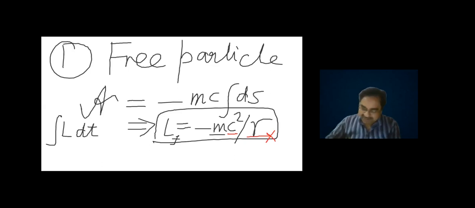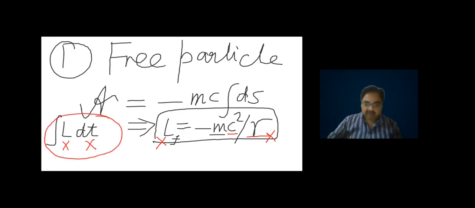As a result, this Lagrangian is not a Lorentz scalar. This dt in the expression on the left is also not a Lorentz scalar. But overall, this quantity is a Lorentz scalar, and therefore the action is a Lorentz scalar.